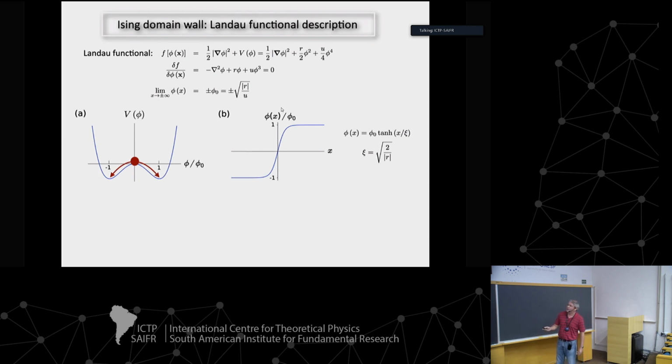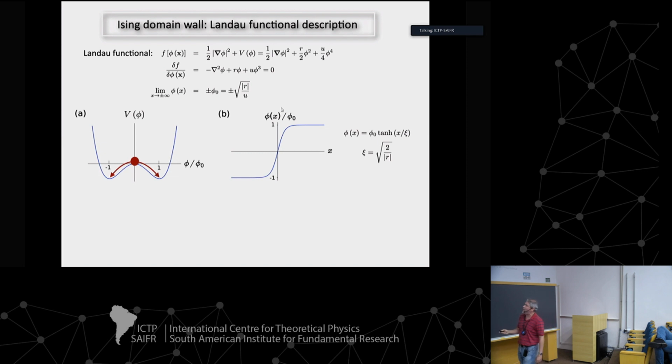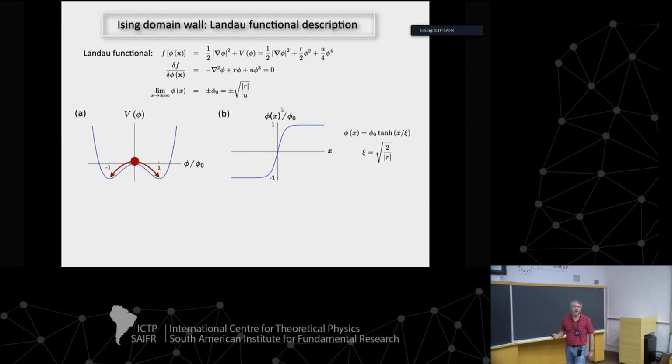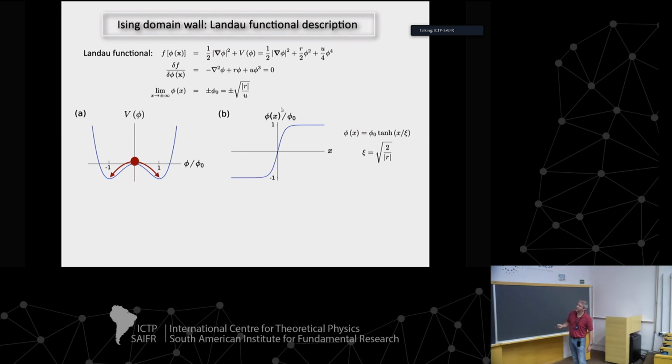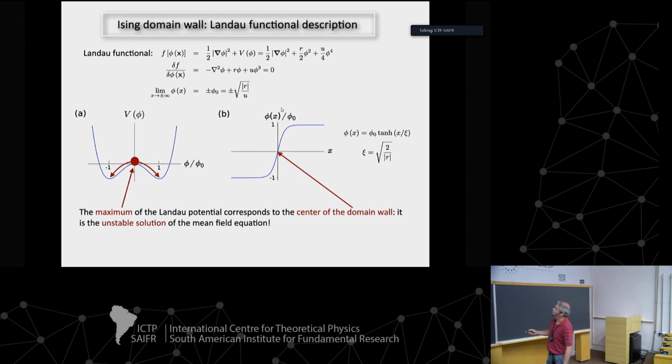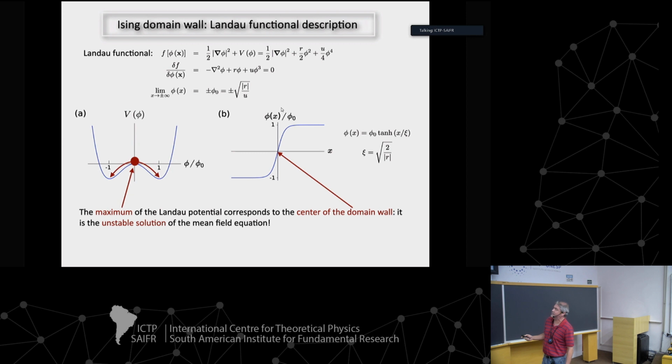But to do that, you have to go over the mountain in between. So you have to pass through the maximum of the Landau functional to interpolate between one side and the other, okay? So this is just saying what I just said. The center of the domain wall corresponds to the maximum of the Landau functional, okay? Which is, in a sense, not an inflection point of the Landau potential, it's a maximum.